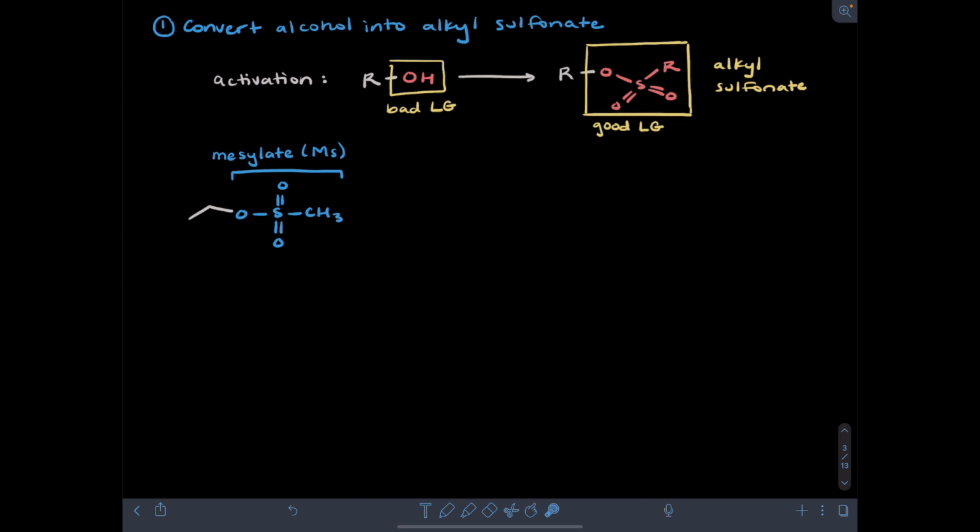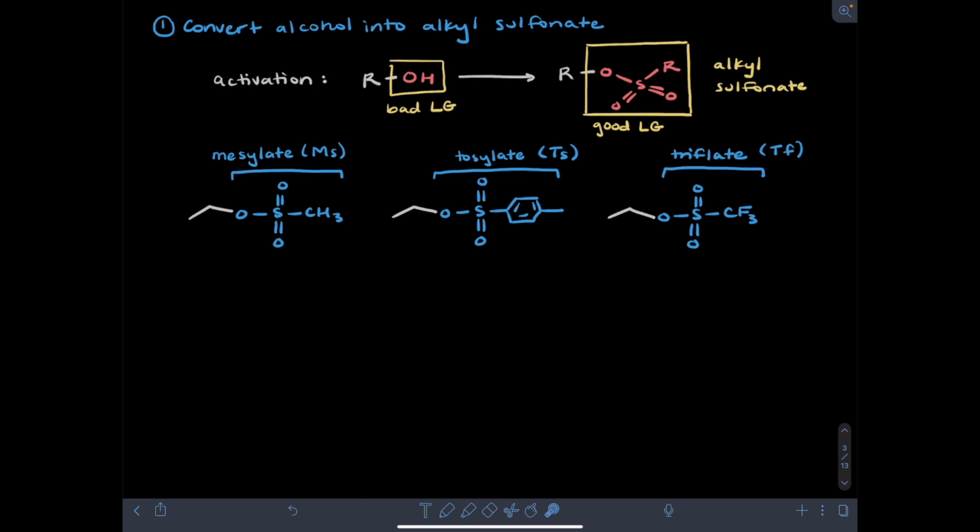This can be abbreviated as MS. A group called a tosylate has an aromatic ring with a methyl group on it attached to sulfur. This can be abbreviated TS. And a type of sulfonate known as a triflate has a CF3 group attached to sulfur. This can be abbreviated as TF. So these are three common types of alkyl sulfonates.